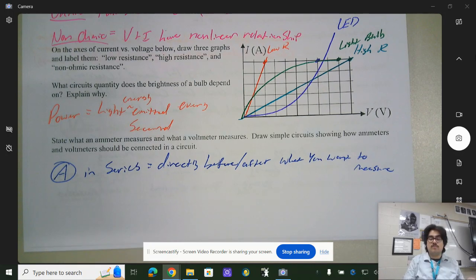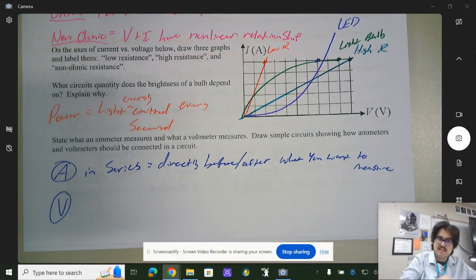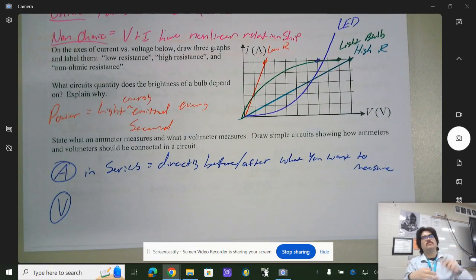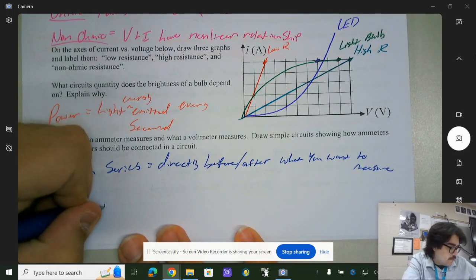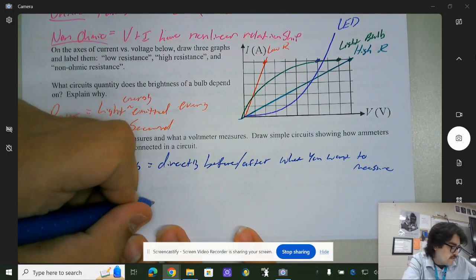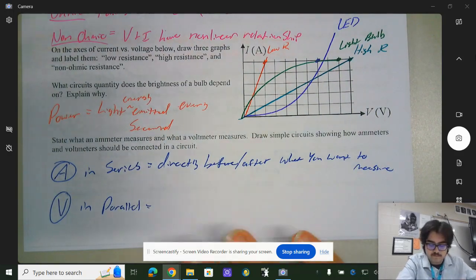Now, voltmeters are a little bit easier to use because you don't necessarily need to integrate them into the circuit. If you remember the Ohm's Law lab, you can just put the leads where they need to go. But this goes in what we call parallel. If something's in series, that means it's basically integrated into the circuit. In parallel, you don't have to. It's part of the circuit, but it's not baked into it.